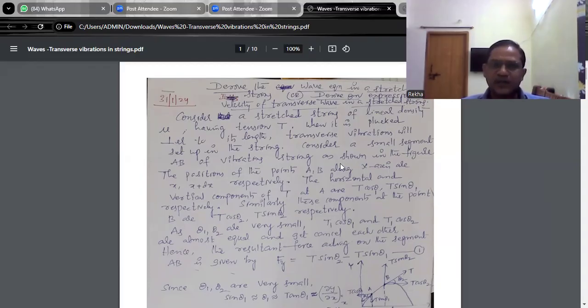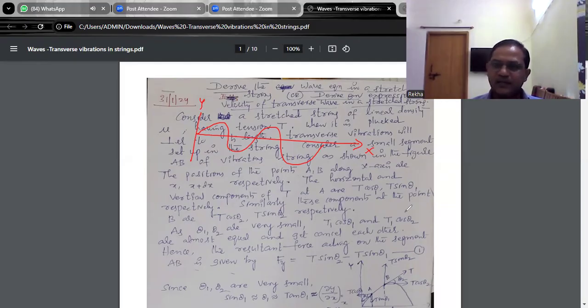Right. Now, the wave equation. What is the wave equation? General wave equation. The wave propagating along x-axis. So this is the progressive wave propagating along x-axis.